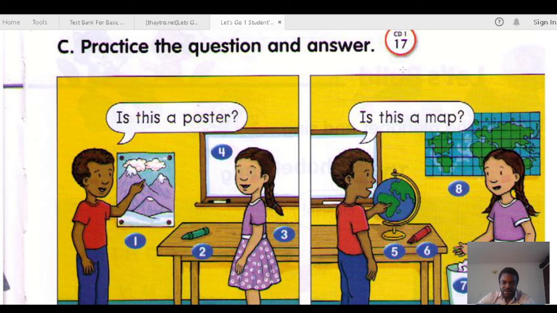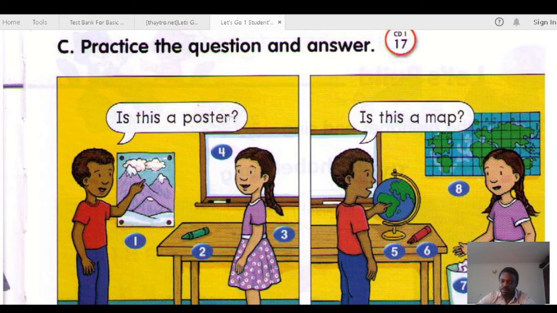We see here, this one is very interesting. Is this a poster? How you ask a question. Because a poster is just one item, and we want to ask the question, say, is this, and you can see the poster is very close to the person who is asking the question.